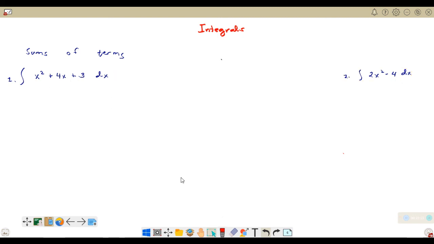So, this is actually equal to, I will write here the rule if you have a x raised to the power of n plus b x raised to the power of m plus c x raised to the power of p dx, pwedeng ganito yung gawin natin.